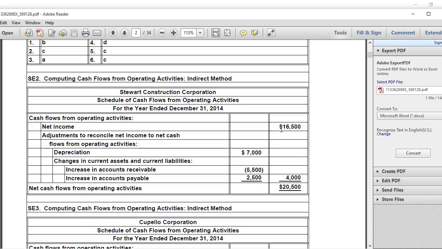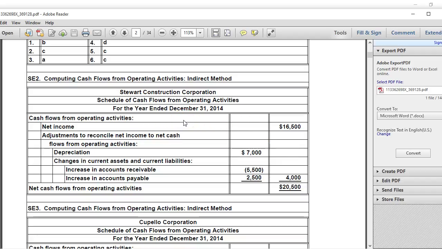So we're going to add back depreciation because we didn't use cash for it. And again, remember, we're going to take our net income and adjust transactions to reflect our cash. So if our net income shows $16,500, the depreciation we took on the income statement, $7,000, we're going to add back to our net income to arrive at our cash.